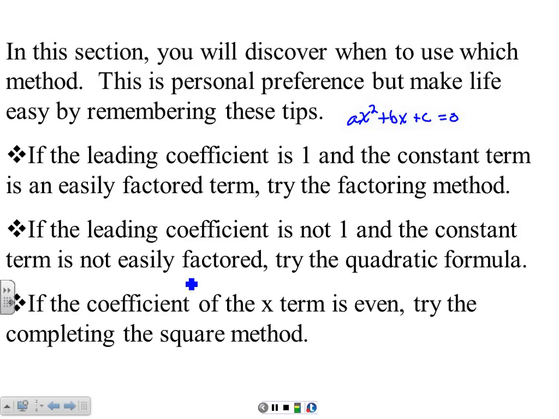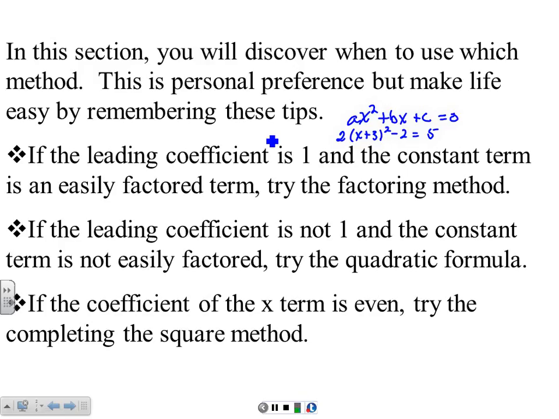So if your quadratic looks something like 2 times the quantity x plus 3 squared minus 2 is equal to 5, then you should know that it's not in general form, and you're going to have to use the square root property anyway. So just remember, if it's not in general form, you need to use the square root property.